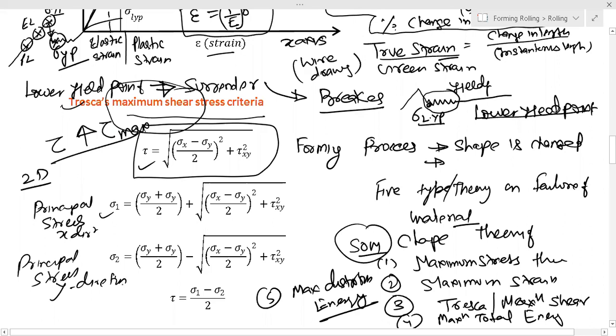Principal stress means when there is multiple loading, maybe tensile, compressive, bending, or shearing, the material will be subjected to shear stress and normal stress. But if we make shear stress 0, then there will be a change in the normal stress. So when shear stress is 0, normal stress changes into the principal stress.